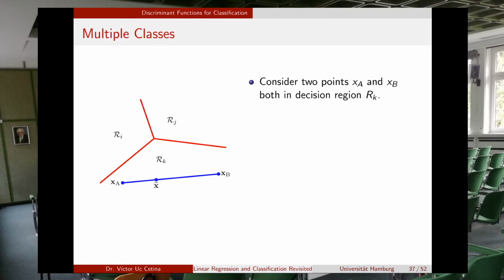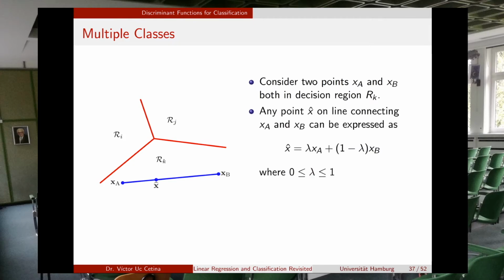And this can be shown very easily. So consider these 2 points, xa and xb, both in region Rk. Any point x circumflex here, like this one here, can be expressed as a linear combination or an interpolation, let's say, between xa and xb.